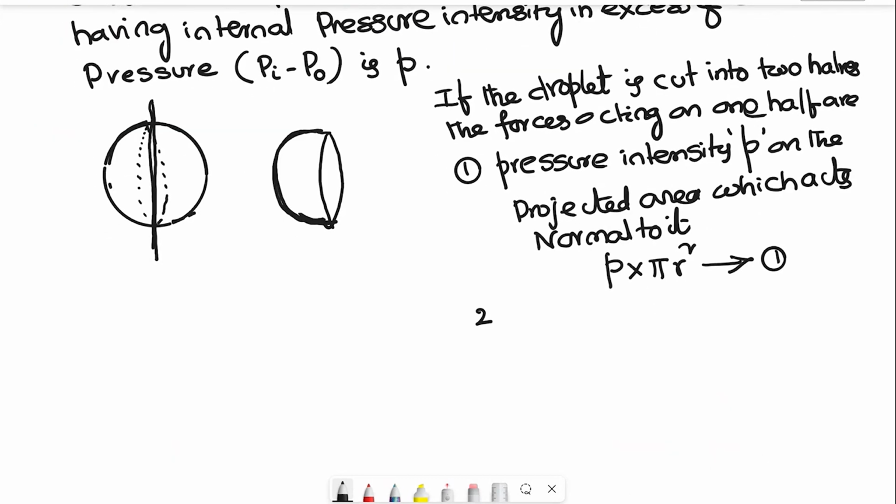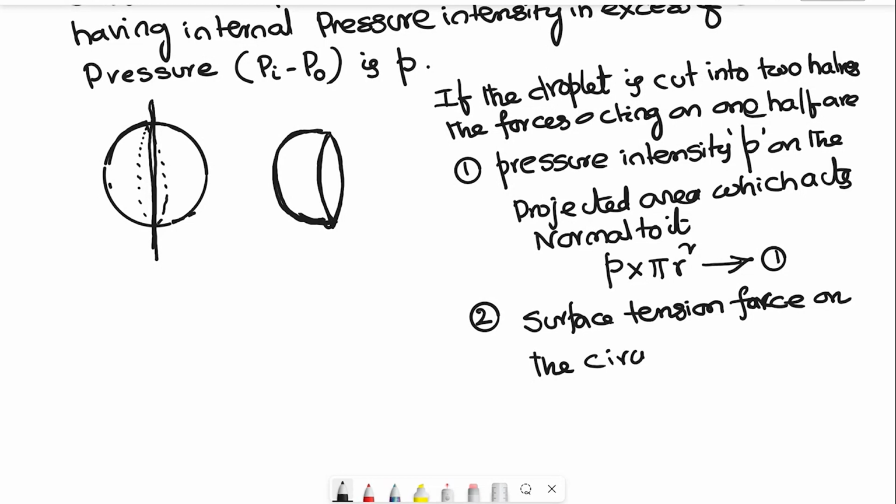The second one is the surface tension force, which acts only on the surface. Now, when I cut into it, this is the surface, right? And this surface shape is circular. Surface tension force acts on the circumference, that means on the perimeter.